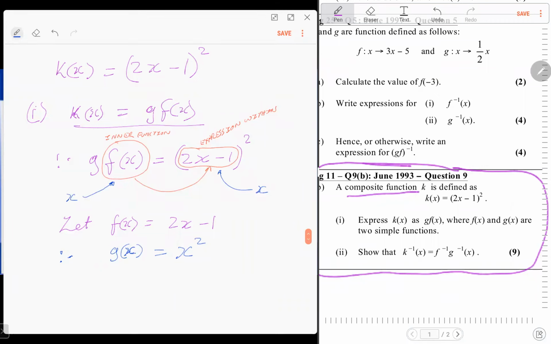So those are my two simple functions from that composite function. Do you understand everything so far? Yes, sir. So you have one question. All right. Everybody good? I was going to ask why I put the bracket for the x squared, sir. Oh, okay. So I just put it because these two brackets are there.